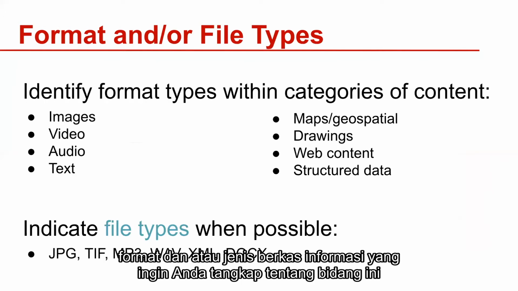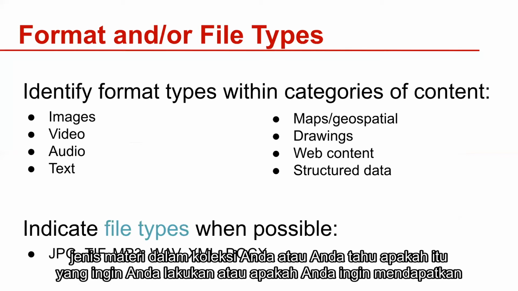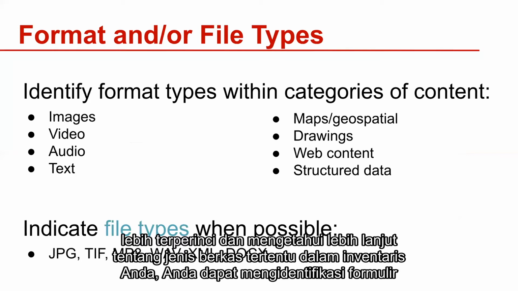Format and or file types. The information you want to capture about this field also depends on the scope of your inventory. For example, if you're trying to understand just the types of materials in your holdings, is that what you want to do? Or do you want to get more granular and know more about specific file types?